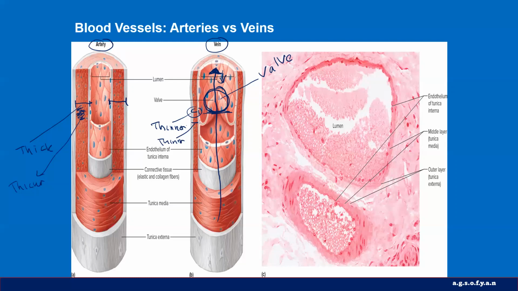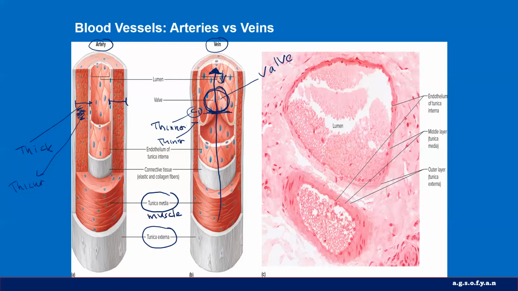Now, they are the same in that they have three parts. Okay, the first one, the outer part, is called the Tunica Externa. It consists of fibrous connective tissue. And the middle part is called the Tunica Media, and this is muscle, muscular tissue.